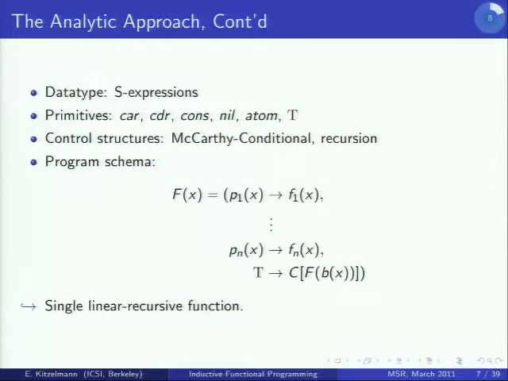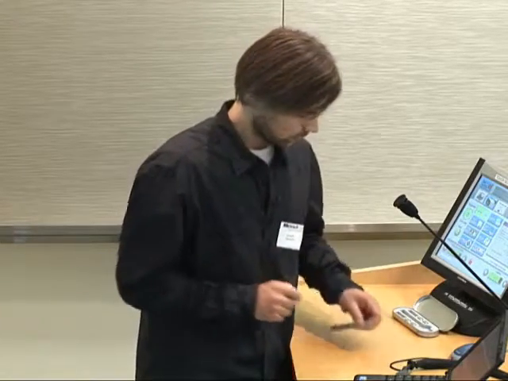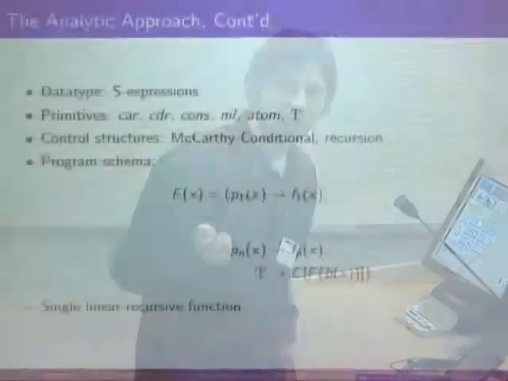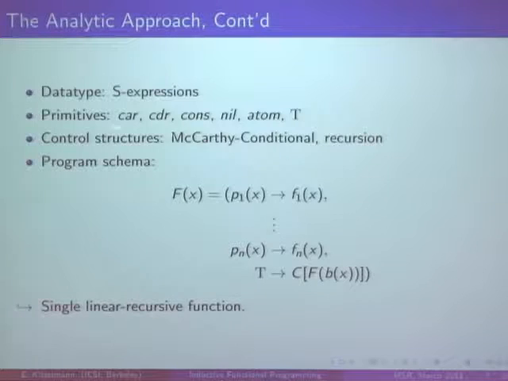Okay, so in the very original approach, we induce simple Lisp functions over S expressions, and the primitives that can be used in the synthesized function definition are car and cdr and cons and nil for the empty list.